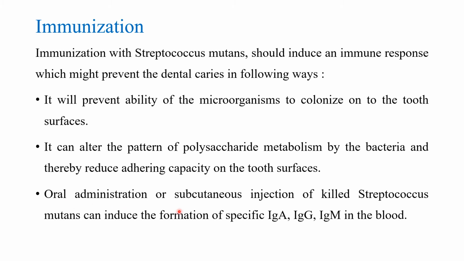Oral administration or subcutaneous injection of killed Streptococcus mutans can induce the formation of specific immunoglobulin A, immunoglobulin G and M in blood. But this is not yet in the market. Some countries tried, but success is a little difficult, so other countries are not following this.